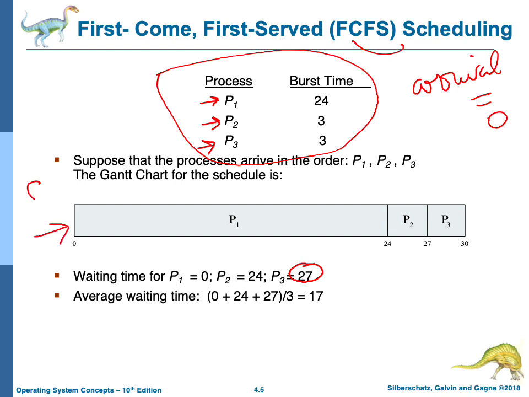So the first one which arrived to the queue is P1. So P1 will run for 24 milliseconds, followed by P2, then P3. Both of them have a requirement of 3 milliseconds.